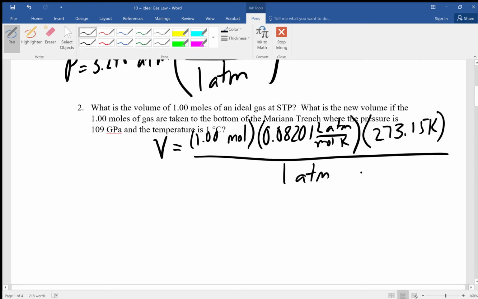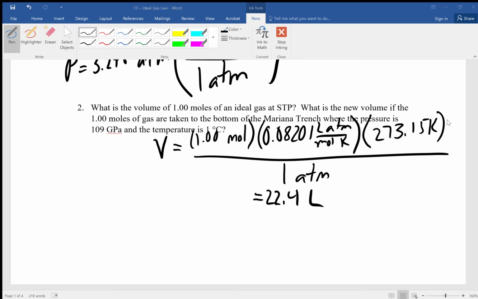So the volume here, when we calculate this, is 22.4 liters. And so, put another way, 1 mole of any gas at standard temperature and pressure will have a volume of 22.4 liters.